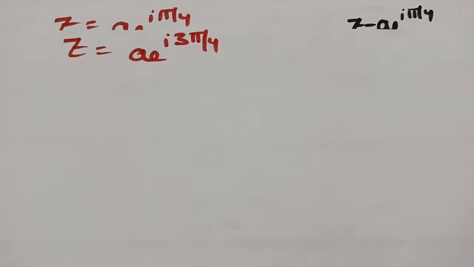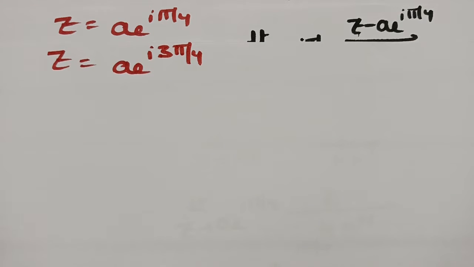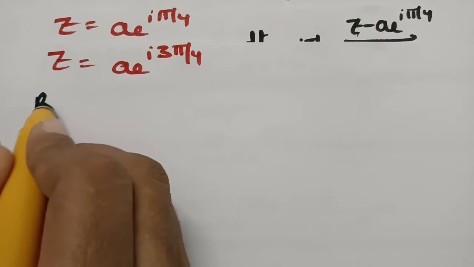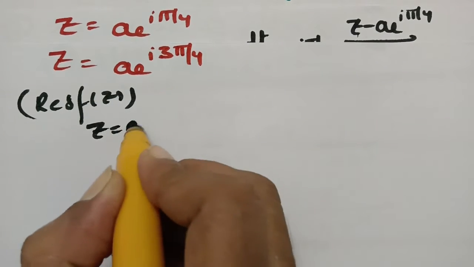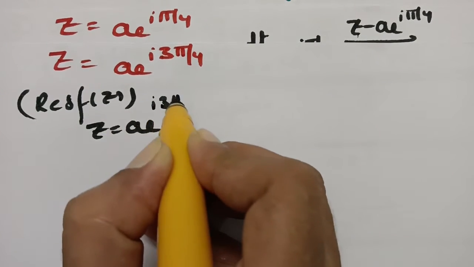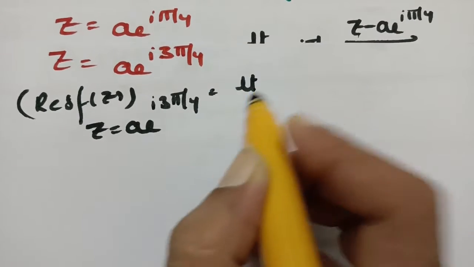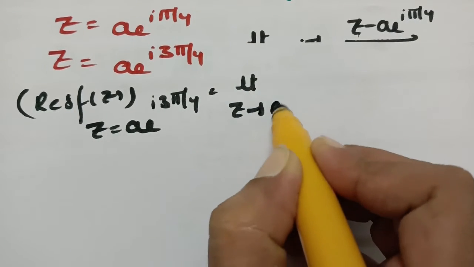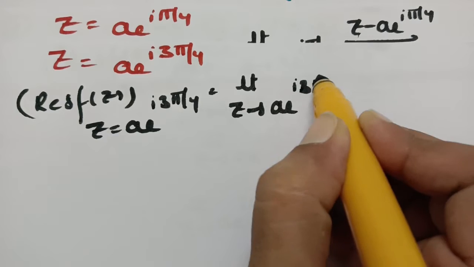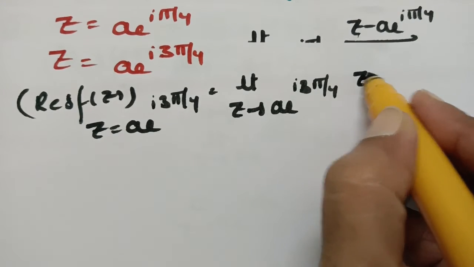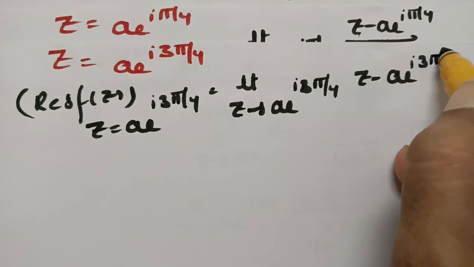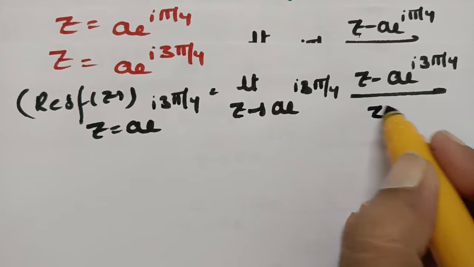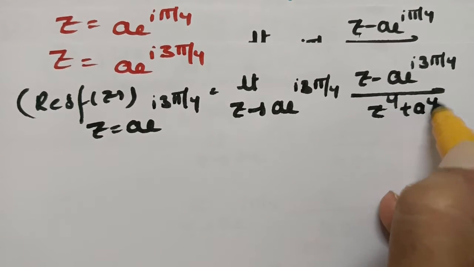As it is a simple pole, the residue of f(z) at the pole z = a e^(i3π/4) is the limit as z tends to a e^(i3π/4) of (z − a e^(i3π/4)) by z^4 + a^4.